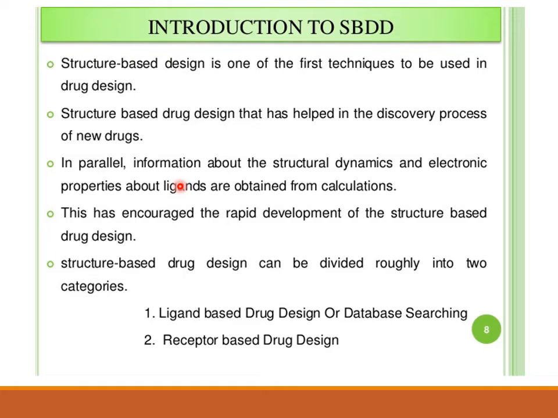Structure based drug design can be divided roughly into two categories. One is ligand based drug design, or database searching, and the second is receptor based drug design. These are the two major categories which are used in structure based drug design.